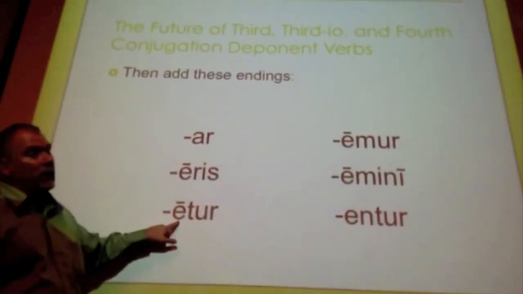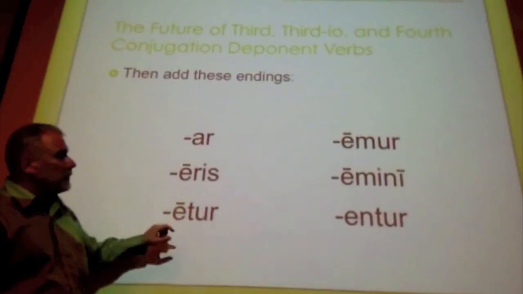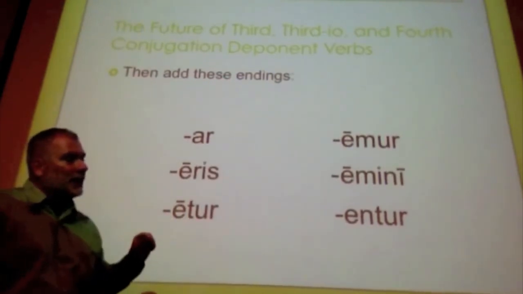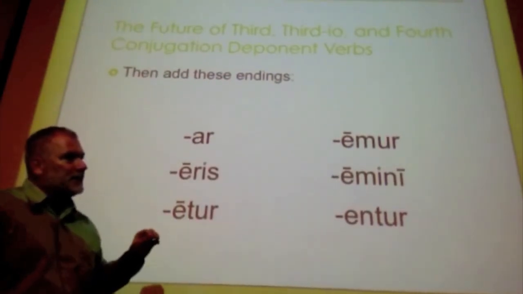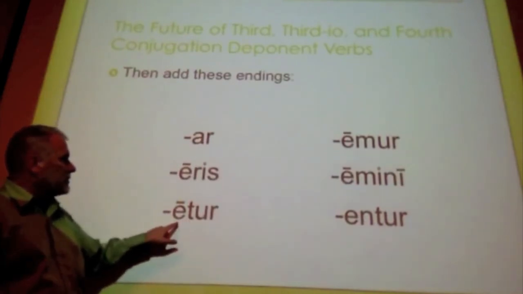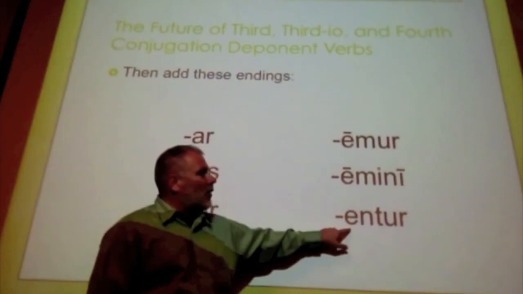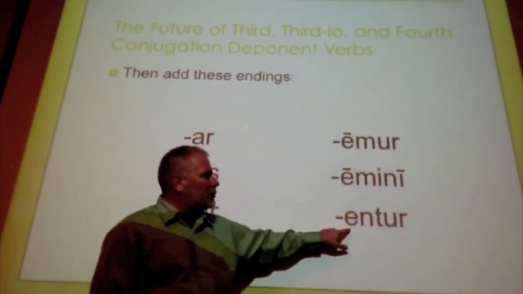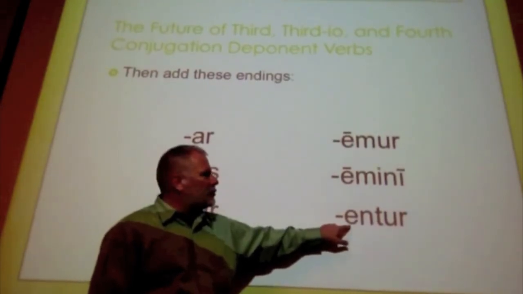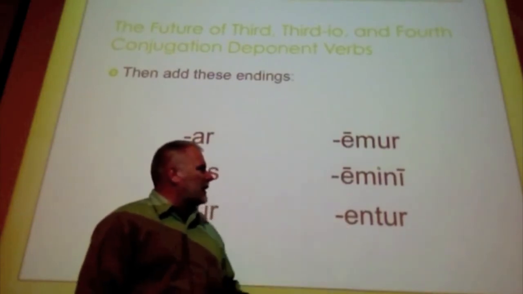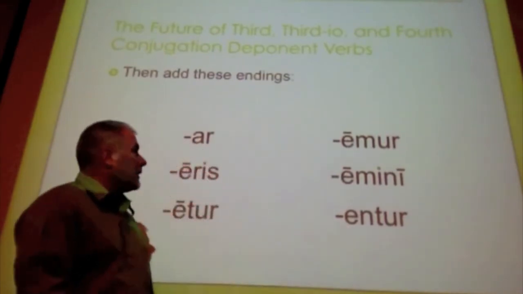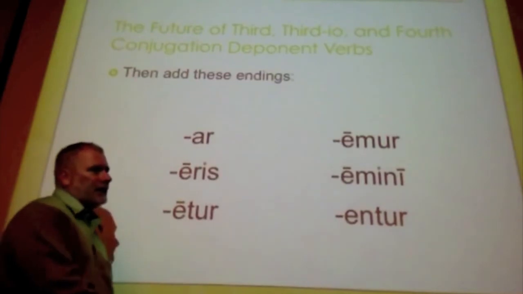This long e can be long here because the t is no longer final. The rule is that you cannot have long vowels before final m, t, and r. This t is no longer final, so that e can be long. However, the rule about nt is that all vowels before nt are short, so that has to be a short e. So that e shortens. It would like to be long, but it can't be. These are the endings that we add.